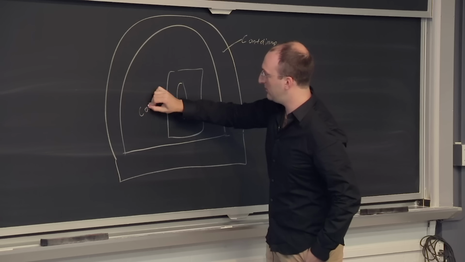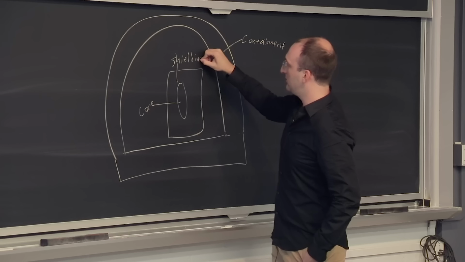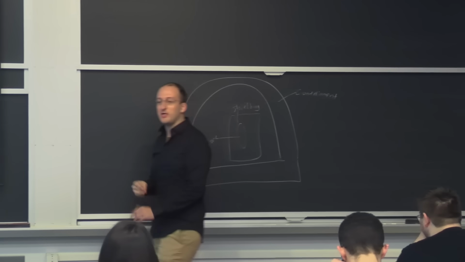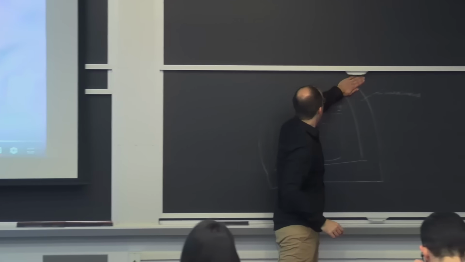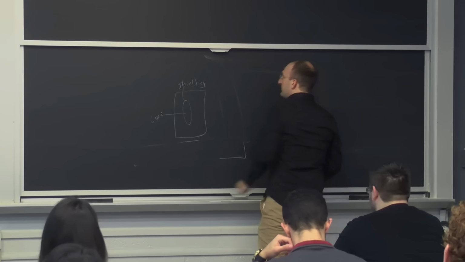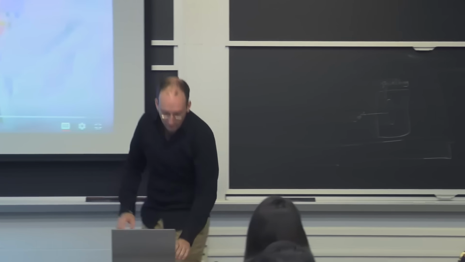That would be the core. This would be some shielding. So this is what you find in US and most other reactors. For the RBMK reactors, there was no containment because it was thought that nothing could happen. And boy, were they wrong.